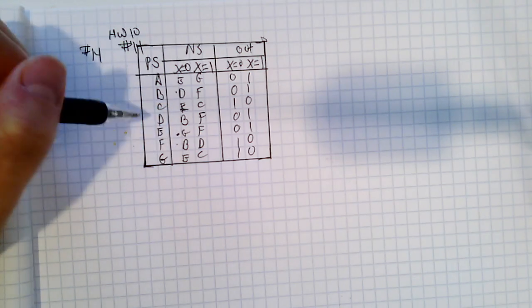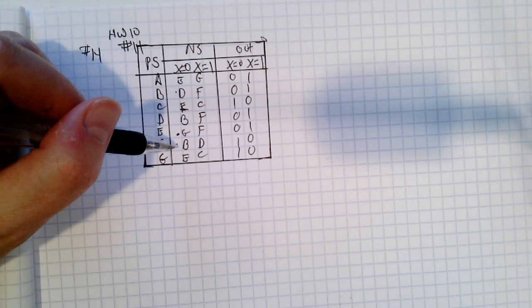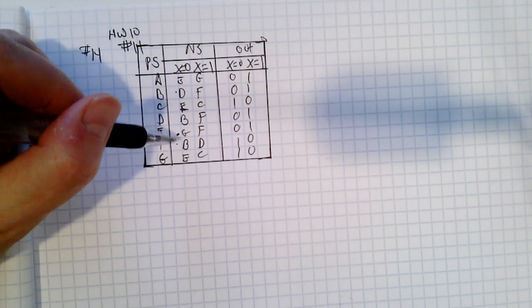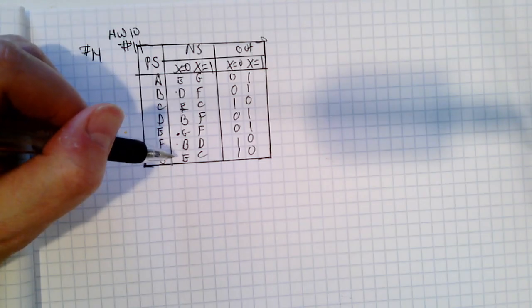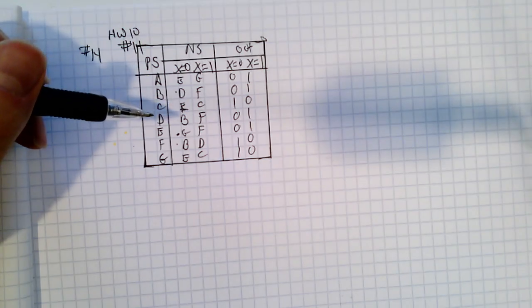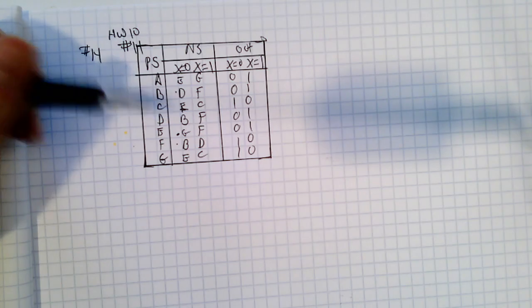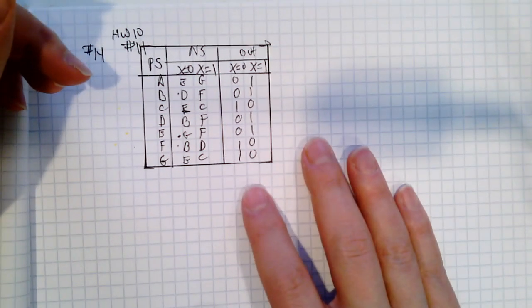F, next state is going to be BD. That's correct. And G, next state is going to be EC. Yep. So I think I got it right. And so you can follow along. You can probably see how I'm getting these things.